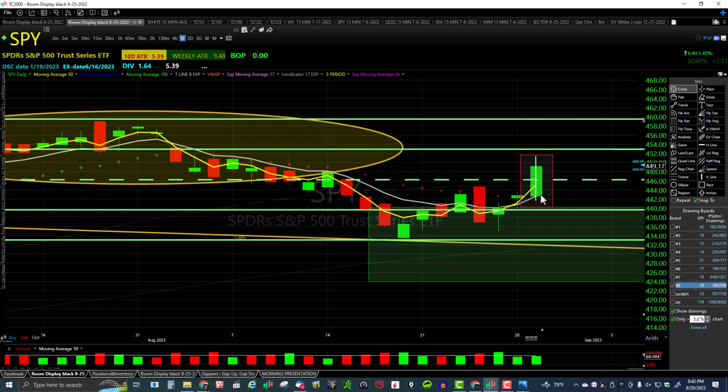Right here, this big candle that we had in the SPY. If they erase over 51%, I'm likely to go short. I don't know how far I'll get, but the 3 and the 8 will tell me when my trade is over or when I get stopped out on the 15-minute chart.